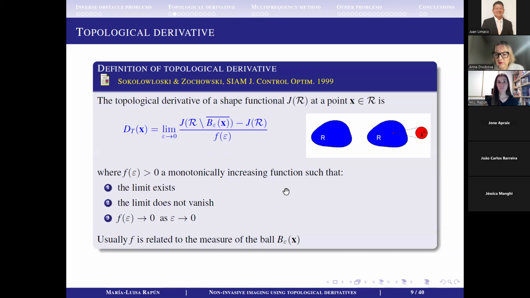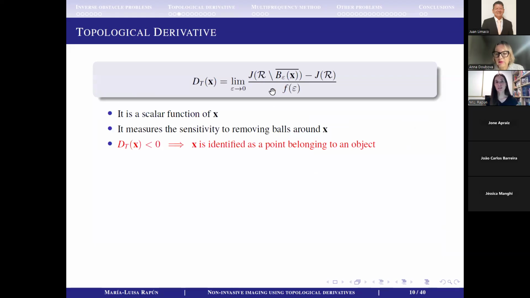Okay, then if you look again at the definition, you can see that for each point x, we are going to have a scalar number, a real number, and this number measures the sensitivity to introducing this small ball. And the points at which this topological derivative attains large negative values will be identified as points that belong to the defects.